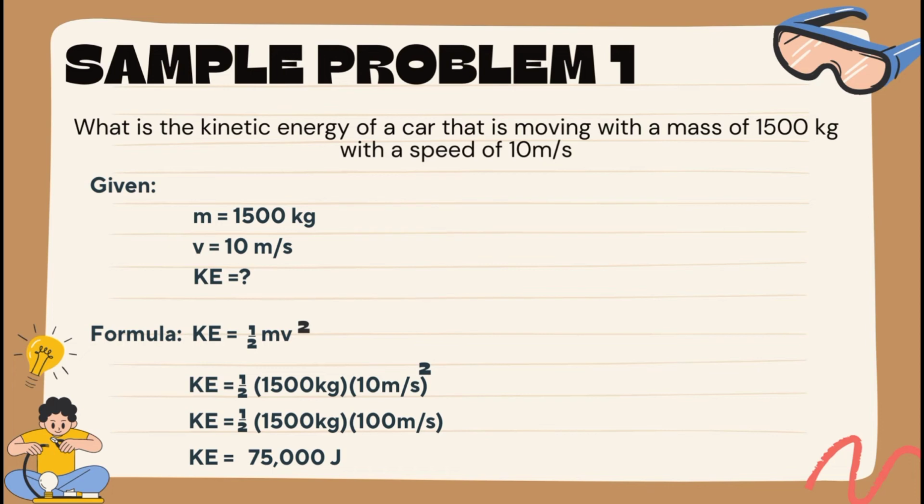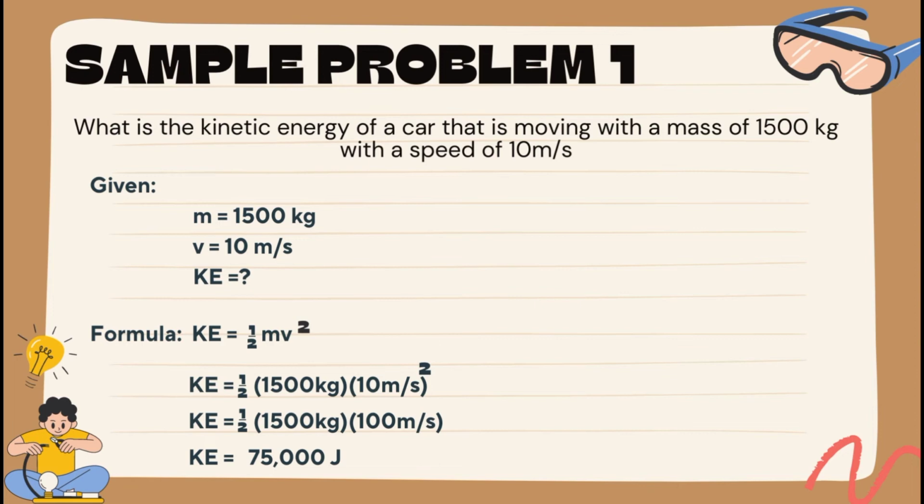After we get all the given values, we will proceed with the correct formula. The formula for kinetic energy is KE = 1/2 mv squared. After that, let's substitute all the given values. KE = 1/2 multiplied by 1,500 kilograms multiplied by (10 meters per second) squared.